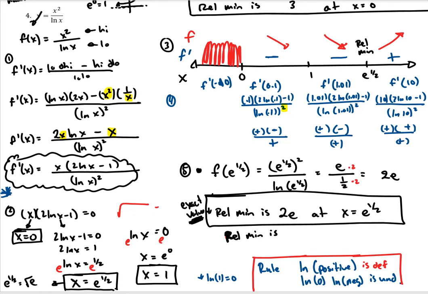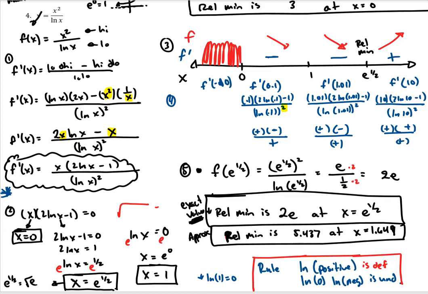The relative minimum is that 5.437 at x equals 1.649. Okay, so those were to 3 decimals. So this is the approximation answer. Okay, but 2e is this 5.437. Those are the same. This one is just rounded. And then e to the 1/2 is this. Again, it's just rounded. All right, but that's that.